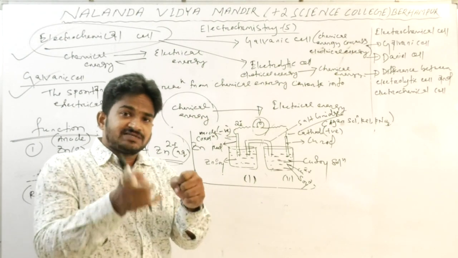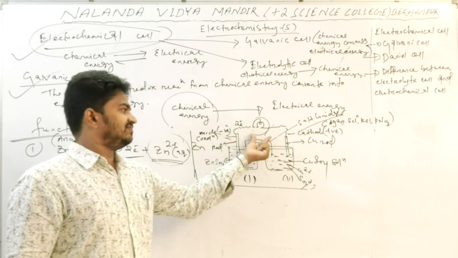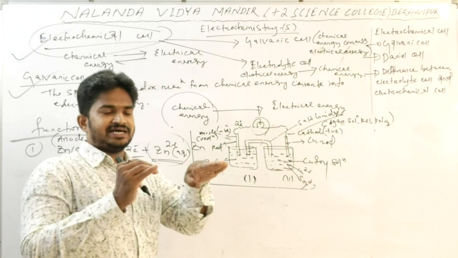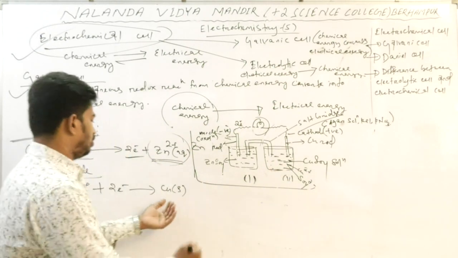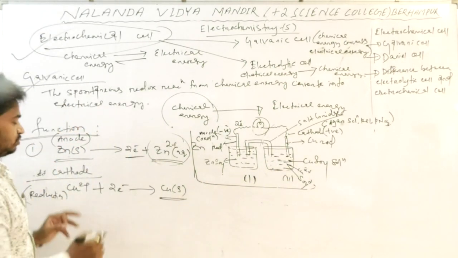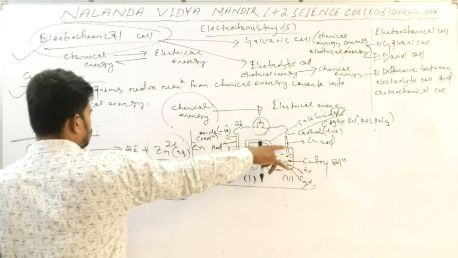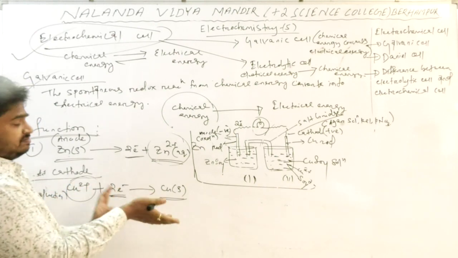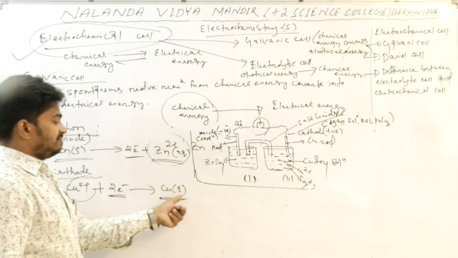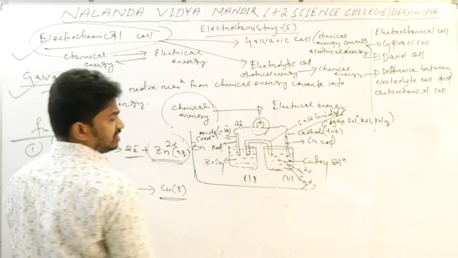To neutralize that positive charge, it accepts 2 electrons from the zinc rod, and by having 2 electrons, the copper 2 plus ion neutralizes to form solid copper. So previously there was positive charge over the copper electrode. By accepting 2 electrons, 2 positive and 2 negative neutralize each other to give solid copper, which is deposited upon the copper electrode.